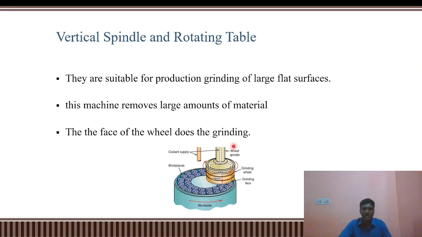Here, look at this image where the spindle is located vertically downwards and the table is rotating. This kind of machine is particularly used for grinding large surface area material because the grinding face has a quite large surface area compared to the previous one.